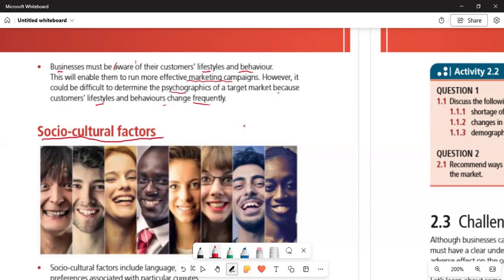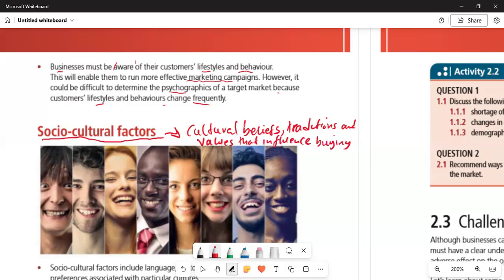When we talk about socio-cultural factors, we are talking about cultural beliefs, traditions, and values that influence people. For example, a business may adjust menus during religious holidays like Ramadan.